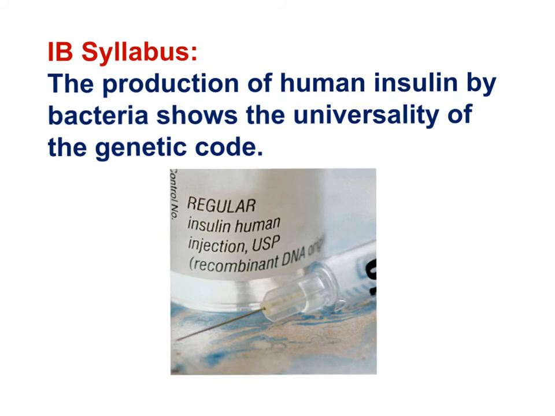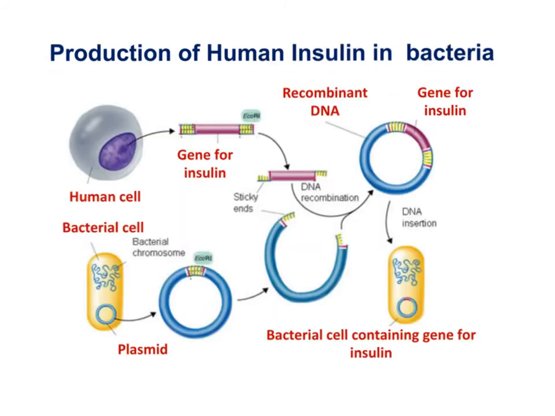The universality of the code has allowed humans to transfer the human gene for insulin into bacteria, and bacteria will synthesize insulin. This illustrates that the genetic code is universal. The gene for insulin is withdrawn from a human cell and inserted into a ring of DNA known as a plasmid.